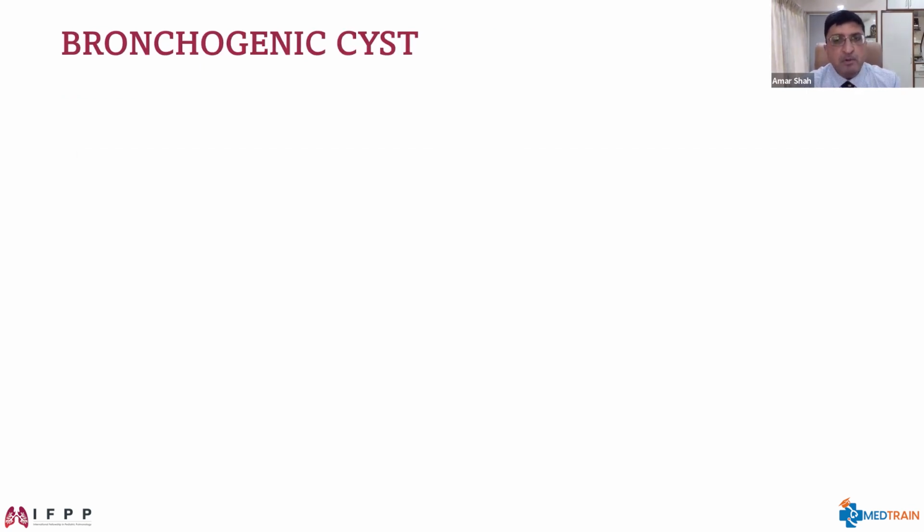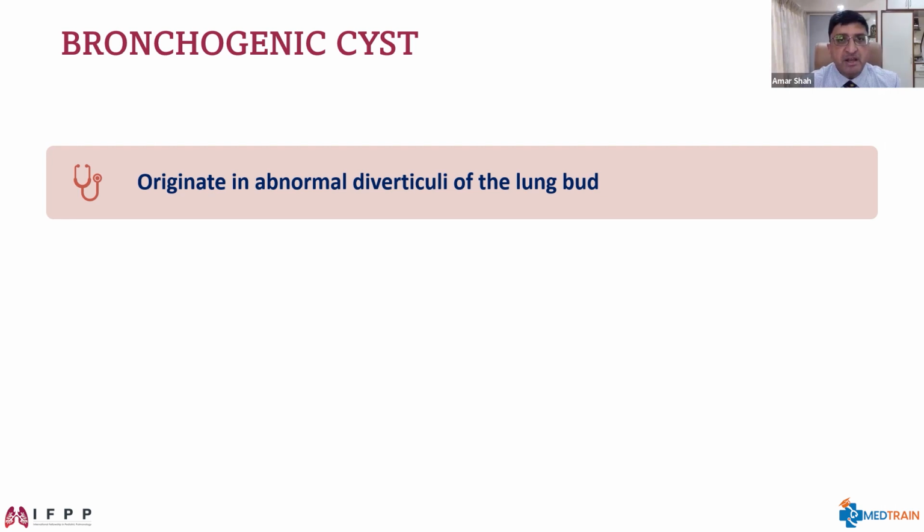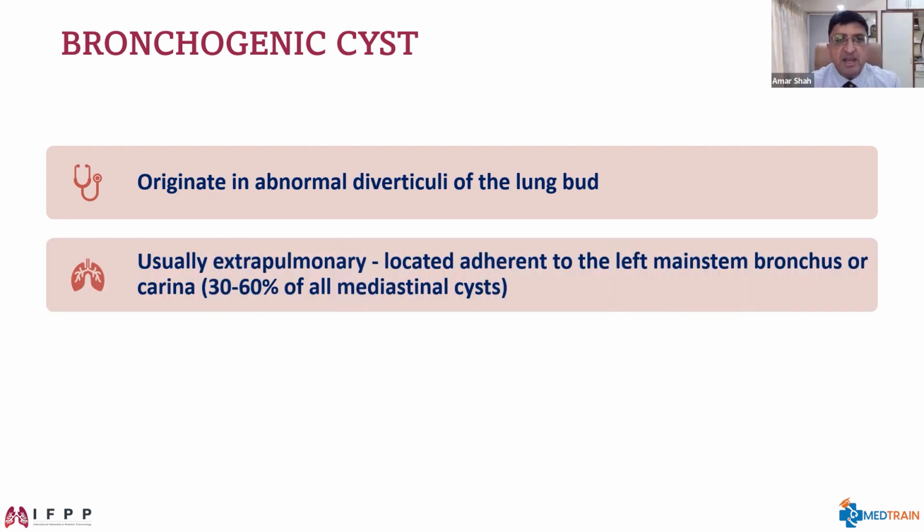So the next bronchopulmonary abnormality is bronchogenic cysts. These cysts normally originate in the abnormal diverticuli of the lung bud. It is usually extrapulmonary and it is located adherent to the left main stem bronchus or the carina. Bronchogenic cysts are the cause of almost 50% of all mediastinal cysts.